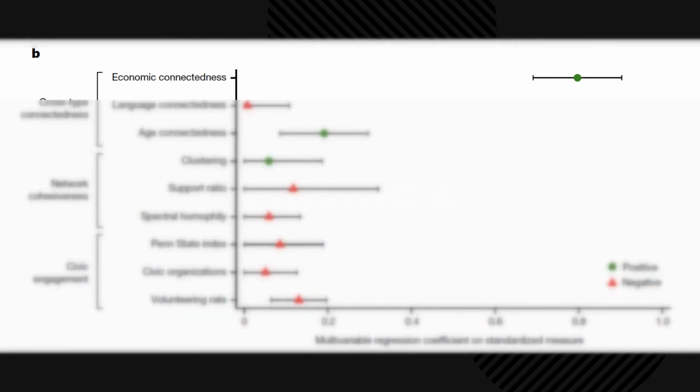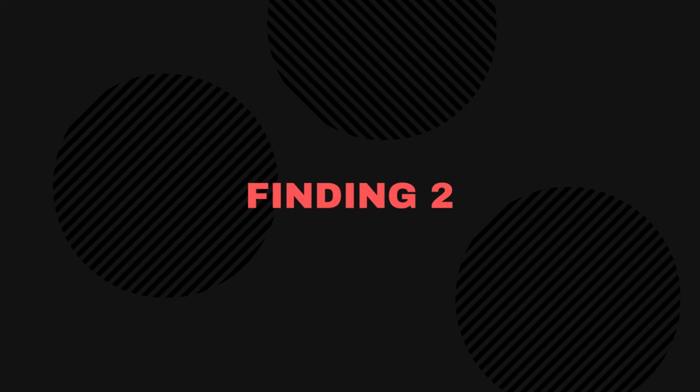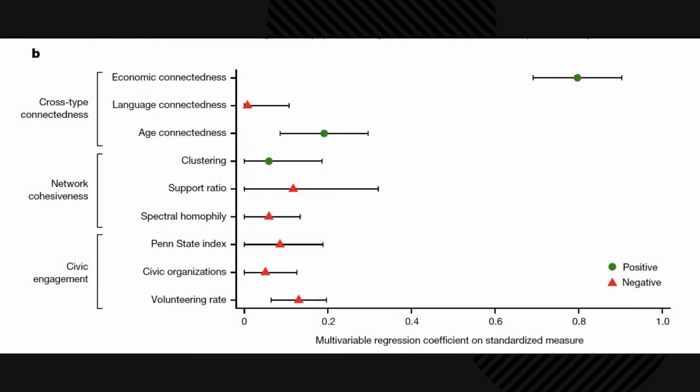And what economic diversity means is that there are lots of social ties between people who are rich with people who are poor. And it is in these kinds of economically diverse communities where poor people tend to be more economically mobile.